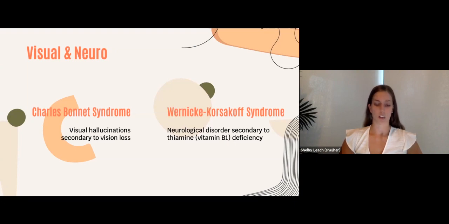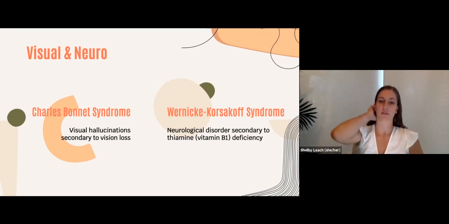It's usually caused by chronic alcohol use, but also associated with malnutrition secondary to gastric bypass or gastric or colon cancers. Memory and learning are affected most. In terms of the eye, they may have nystagmus, gaze palsies, ophthalmoplegia, and ptosis, and it can also result in visual hallucinations.